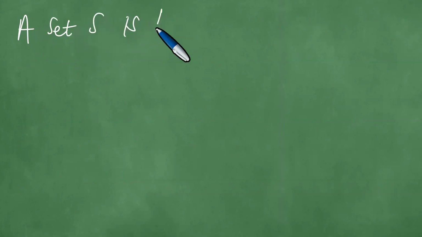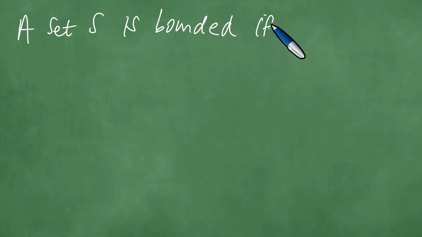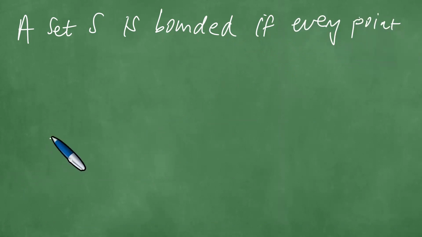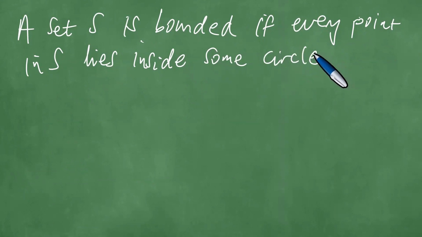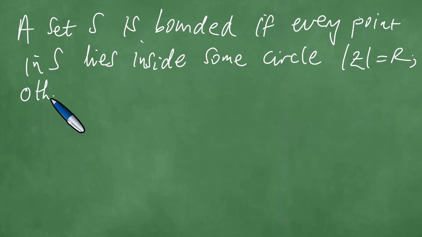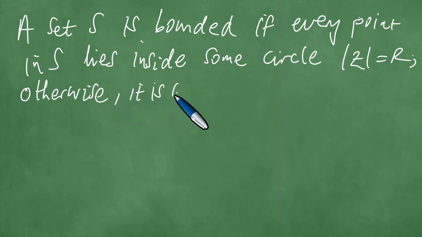A set S is bounded if every point in S lies inside some circle, modulus of Z equals R. Otherwise, it is unbounded.